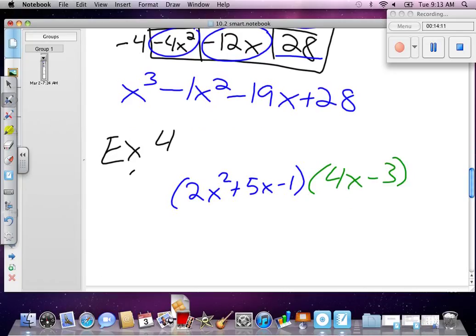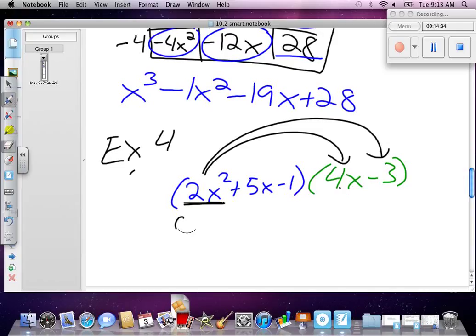Okay? So I use arrows to keep track of what I'm doing. I'm going to take the first term in the blue parentheses and multiply it by each term in the green one. 2x squared times 4x and 2x squared times negative 3. 2x squared times 4x is 8x cubed. 2x squared times negative 3 is negative 6x squared.